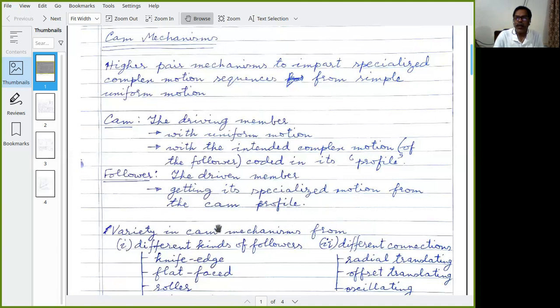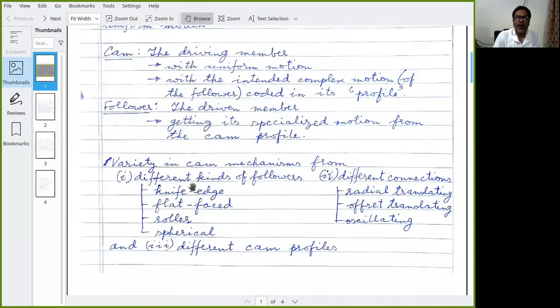Now, in cam mechanisms, variety appears because of three reasons: different kinds of followers, knife edge, flat face, roller, spherical, and different kinds of connections, radial translating, offset translating, oscillating.